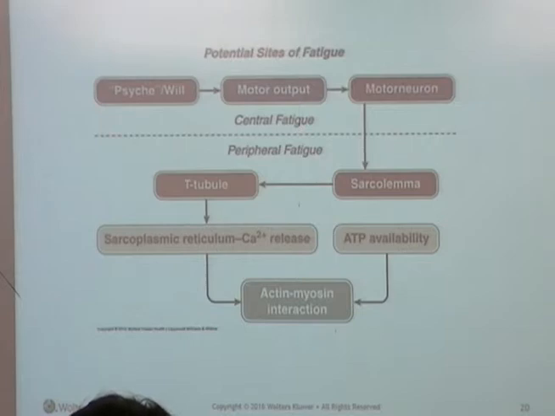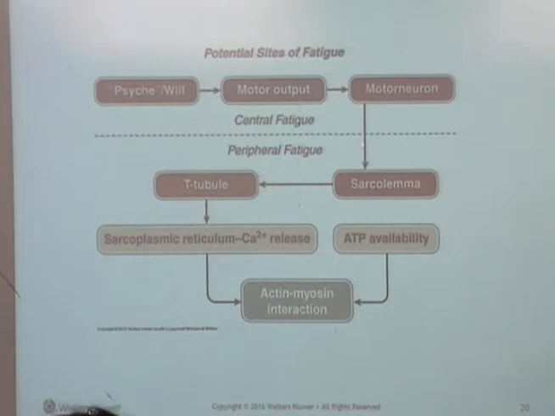At the neuromuscular junction, that would be our ACh, acetylcholine. If I run out of acetylcholine, or all the receptor sites are full, I can't attach any more acetylcholine to continue the action potential across the muscle.